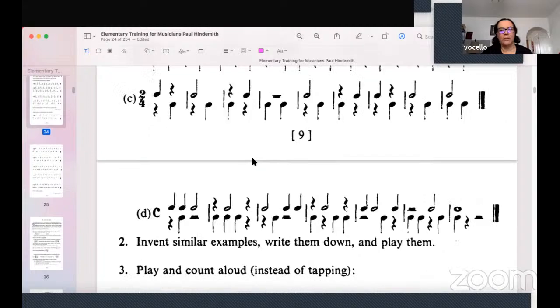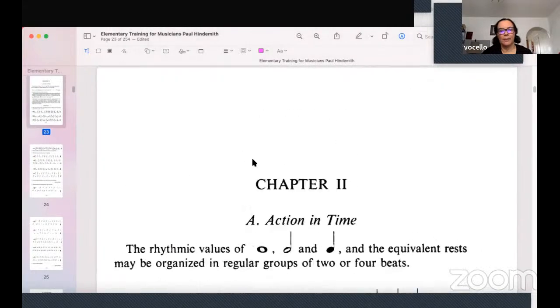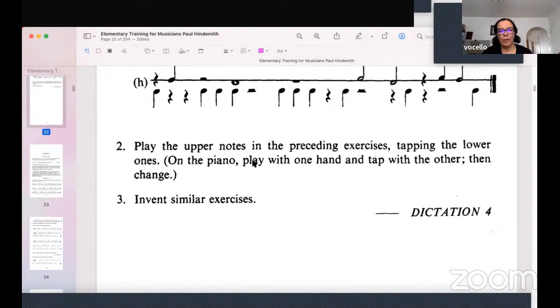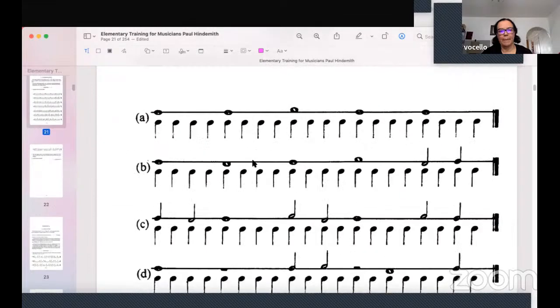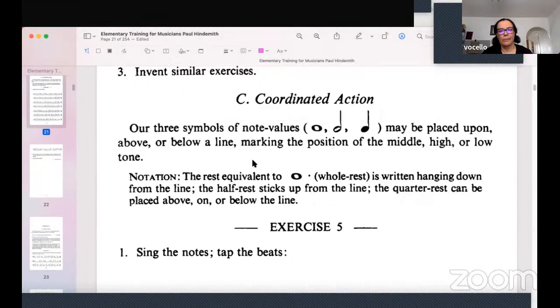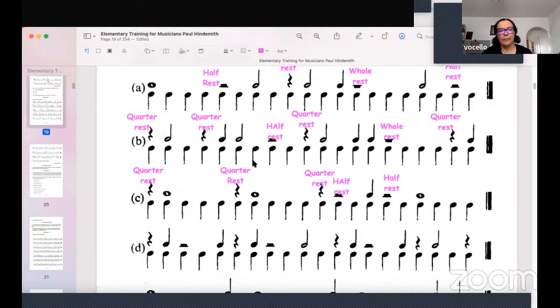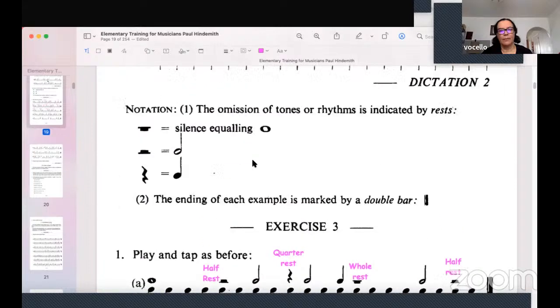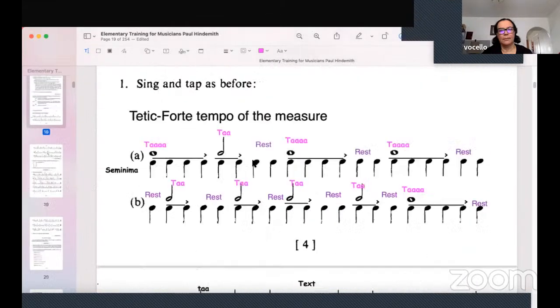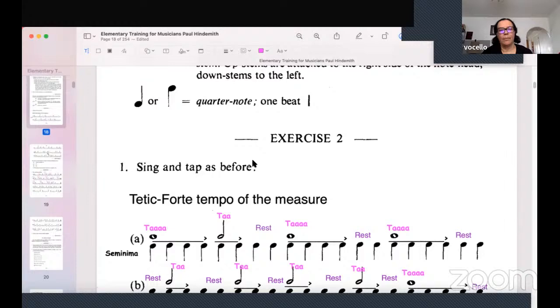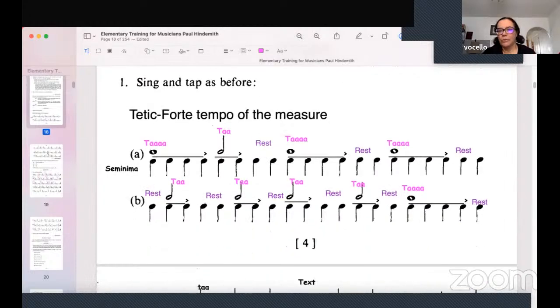I'd like to start with exercise number 2 from chapter 1. So we are going to say ta while you hold those.